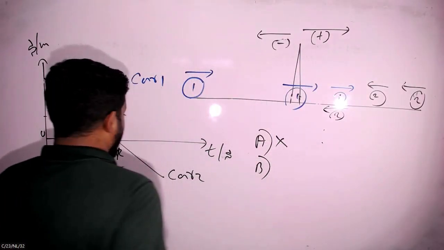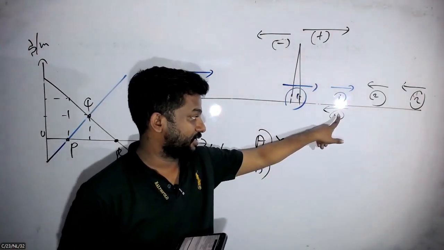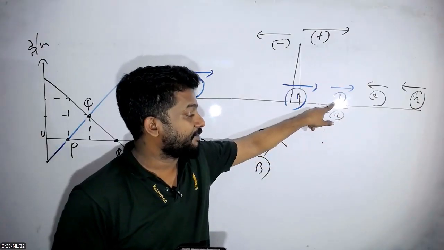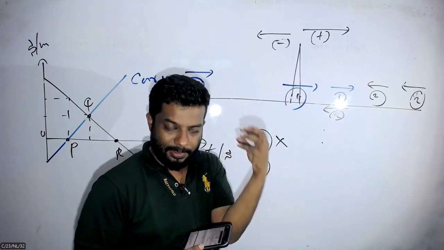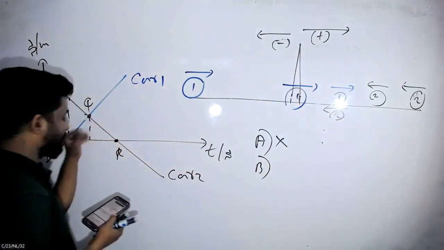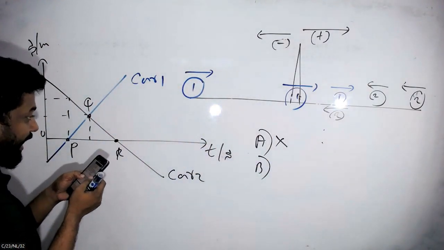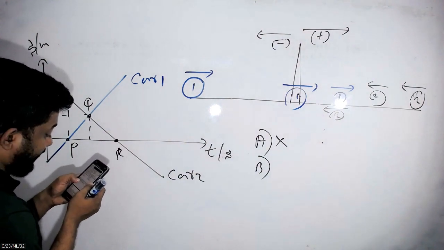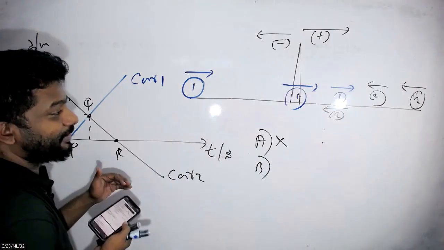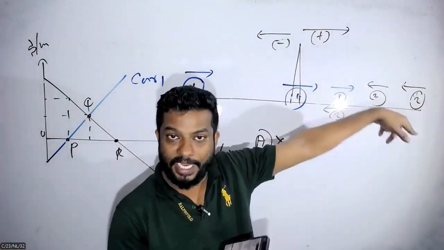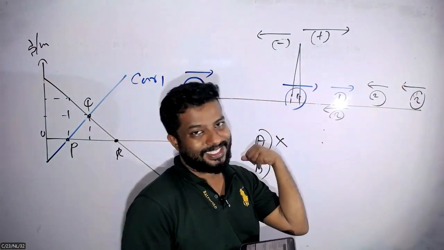Both objects have the same speeds. They cross each other. Car 1 moves away from the lamppost. Car 2 moves towards the lamppost. These are the points you can obtain from this graph, right? Let's see the statement B. Point Q, both cars are moving towards the lamppost. It is incorrect. Son, car 1 moves away from the lamppost. This one moves towards the lamppost.